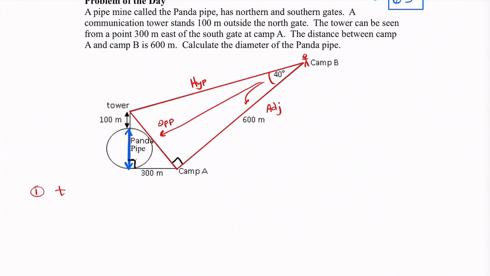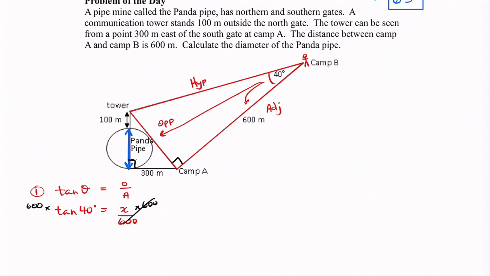So tan theta equals opposite over adjacent, and then let's fill it in. Tan of 40 degrees is the opposite. I don't know it, so I'm just going to call it x, and then the adjacent was 600. Solve this by multiplying on both sides by 600.